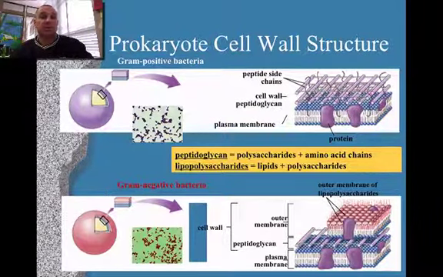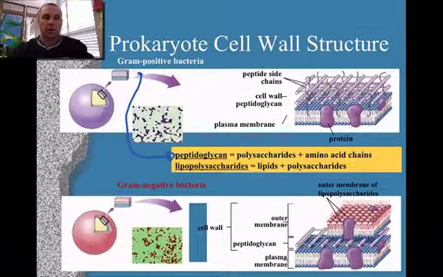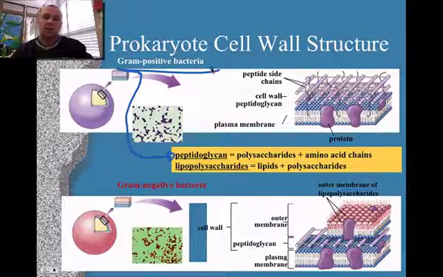Prokaryotic cells can often be divided by gram-positive and gram-negative staining, and this refers basically to their cell wall composition. A gram-positive bacteria, which can be stained real easily, is going to have a very simple cell wall. It's going to have a peptidoglycan cell wall. This one here is your gram-positive bacteria, and this is basically made of polysaccharides and amino acids.